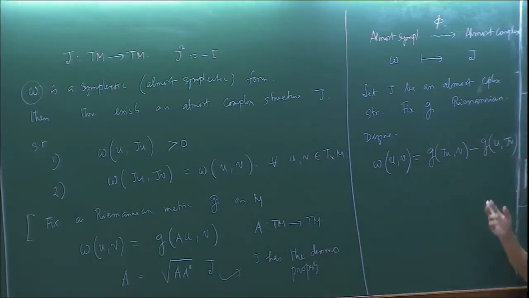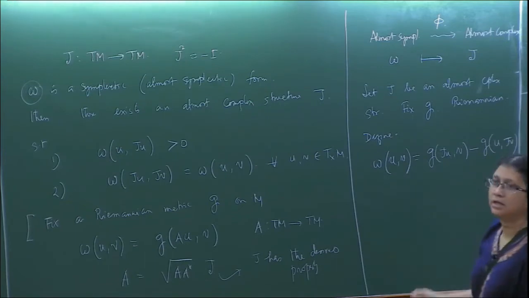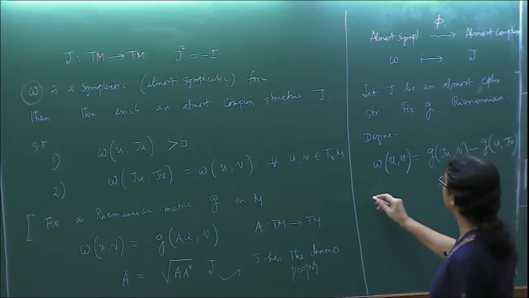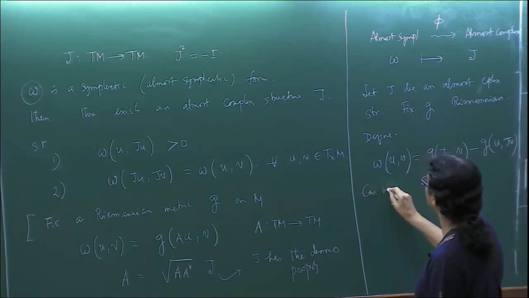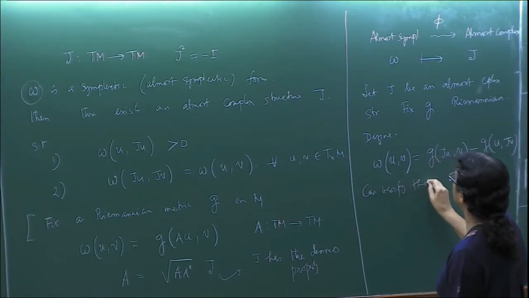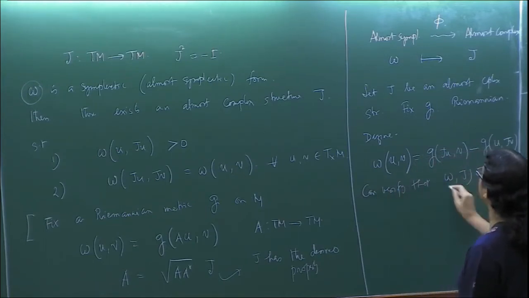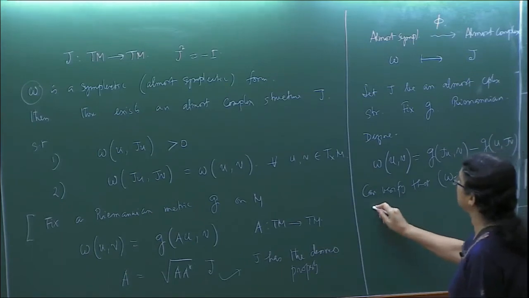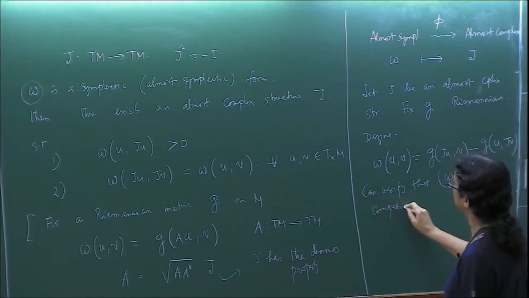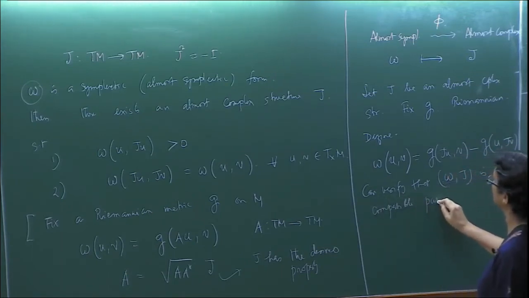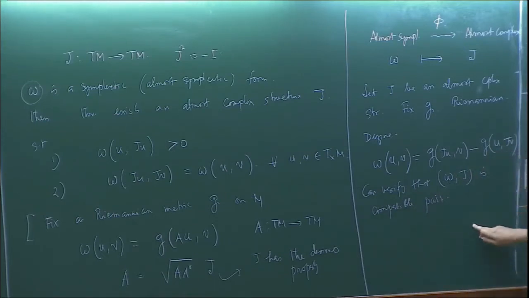So you can verify that omega and J are compatible, okay? So you can verify that omega, J is a compatible pair. Okay, so that means that this construction is a surjective construction.